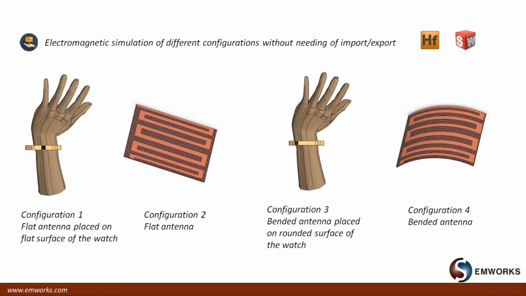So we'll see a case where we would consider a flat antenna placed on a flat part of a bracelet, and what happens if you curved that antenna and placed it on a curved part of the bracelet. So that's really the goal of today's webinar: to cover these alternative design scenarios and how we can get these results and compare them.